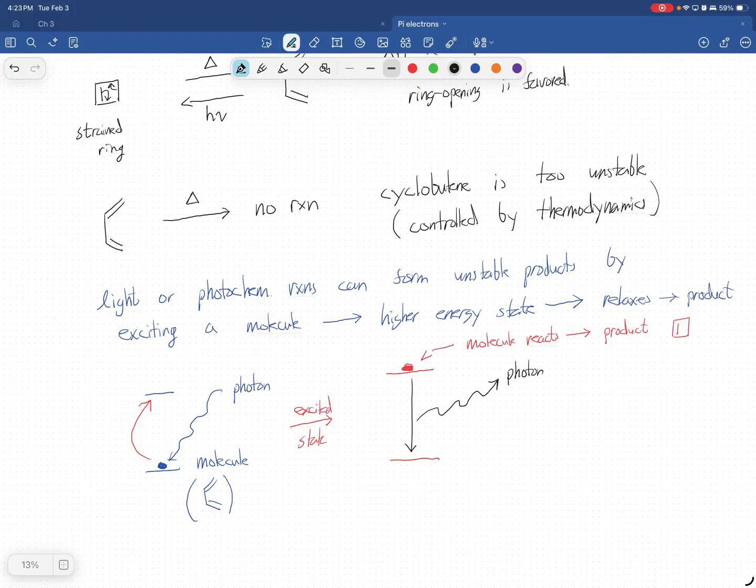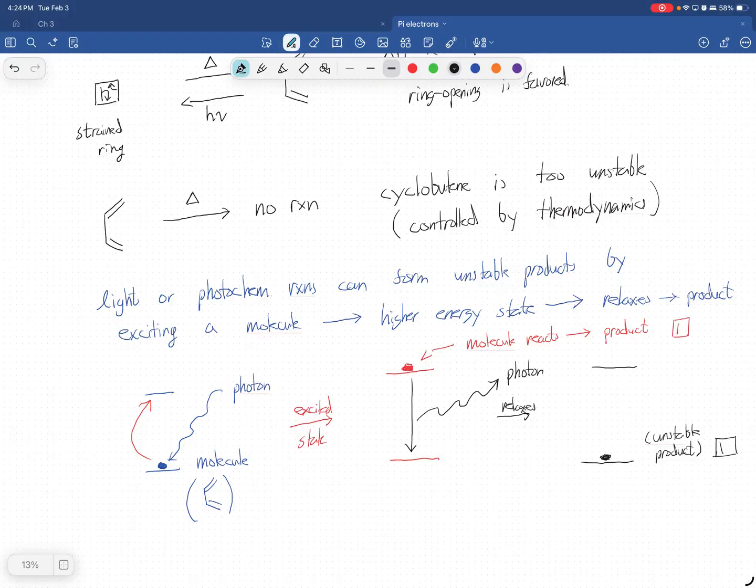So sometimes the energy will be used to rearrange. You go to the product, you relax back down, and you get to the unstable product. So the unstable product can form.